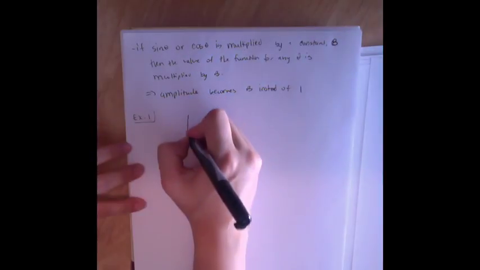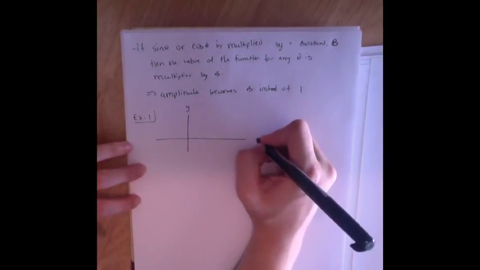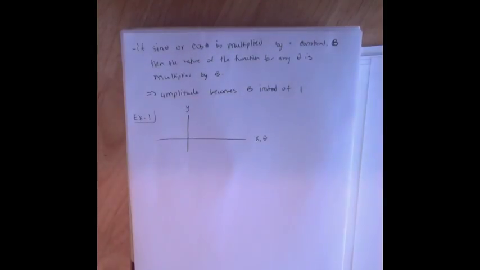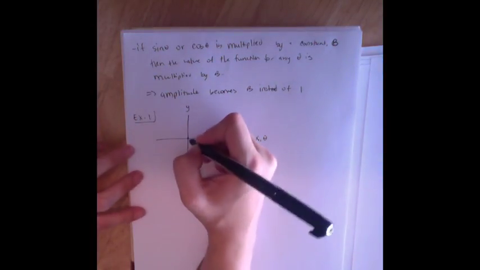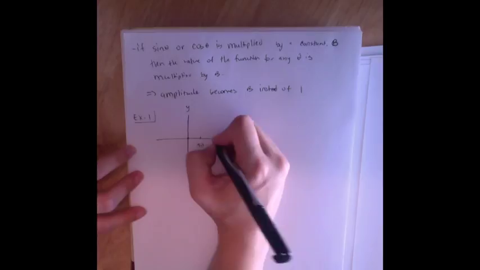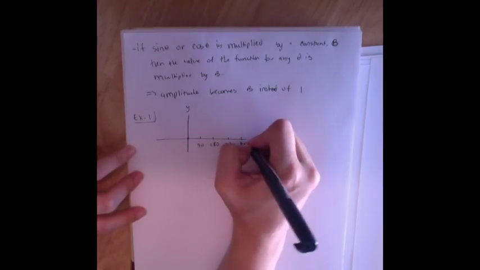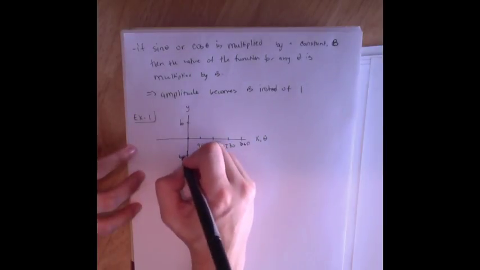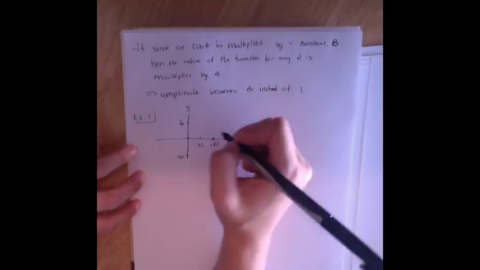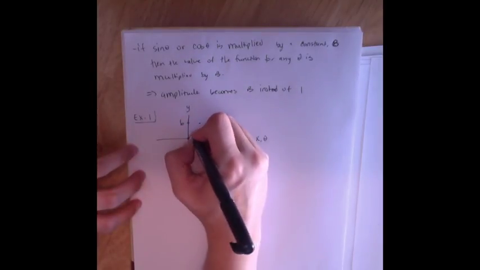So if you were given this graph, this is your y-axis, this is your x-axis or theta, okay? We have 0, 90, 180, 270, 360, 6, and negative 6. I'm going to go here, here, here, here, here. All right.